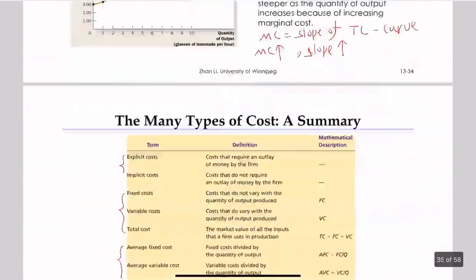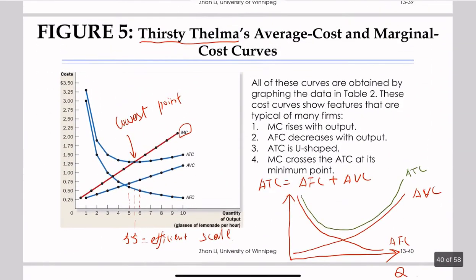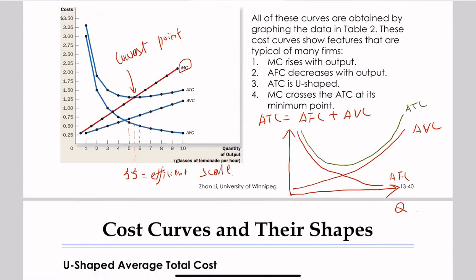These curves we just mentioned, they're based on this Thirsty Thelma's example, right? So there could be some differences between this example and a typical firm's cost curves.